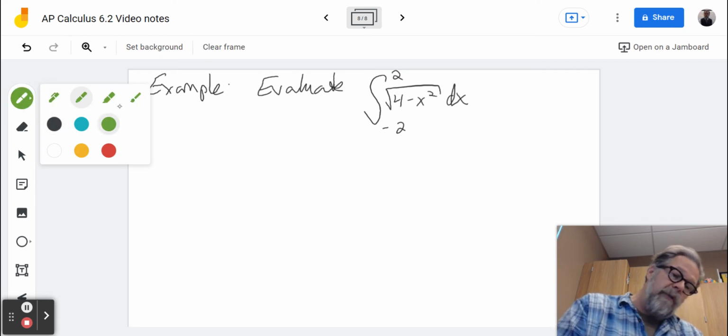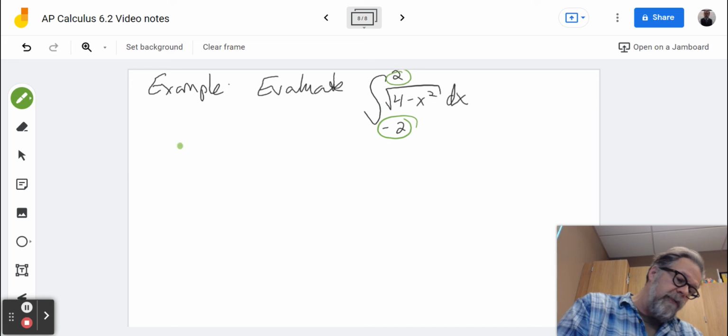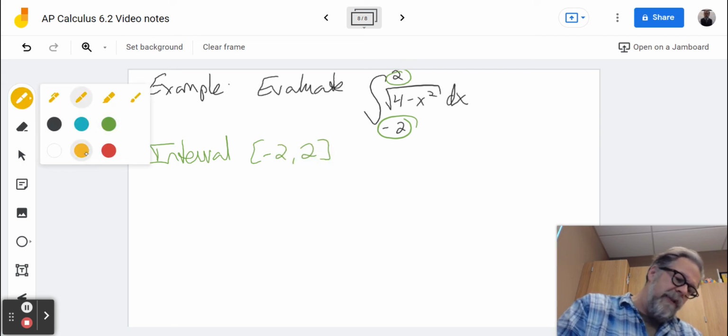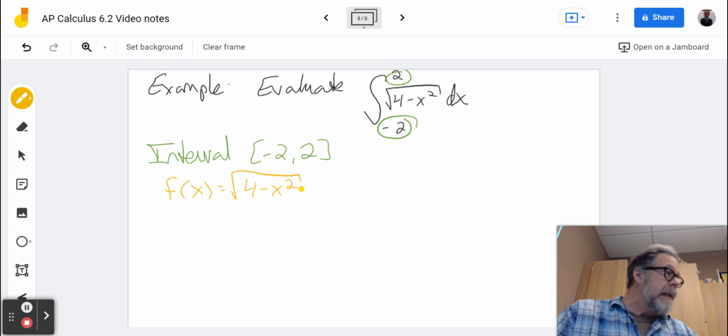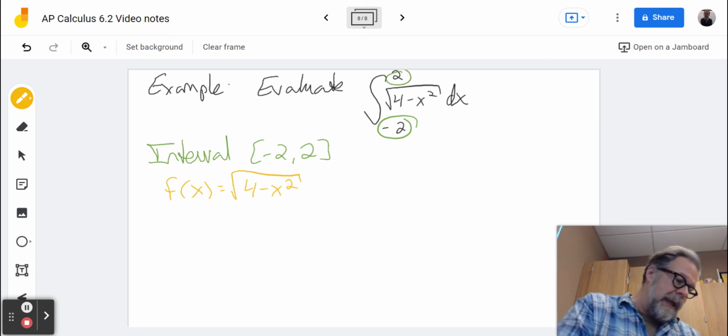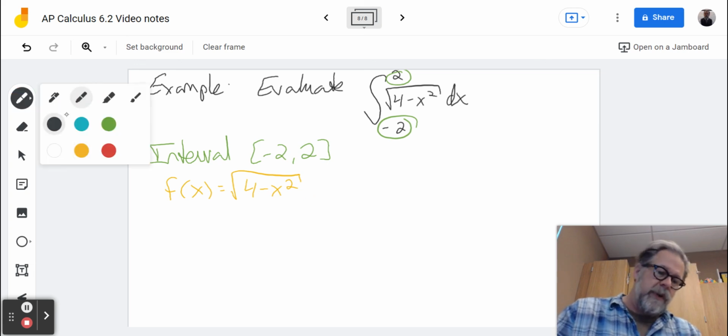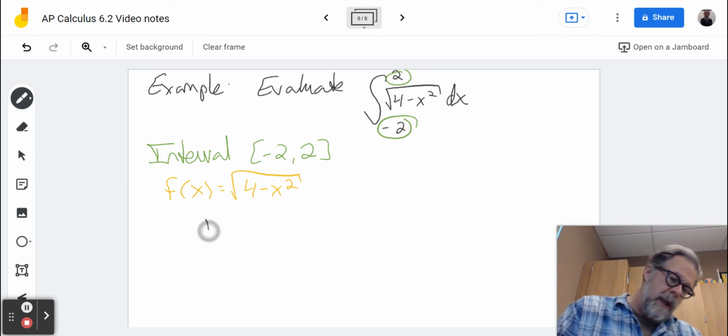We are first of all looking at the interval -2 to 2. We are looking at the function f of x equals the square root of 4 minus x squared. So let's go ahead and analyze this. What do we know about the function square root of 4 minus x squared? Well, I remember this being a semicircle of radius 2.